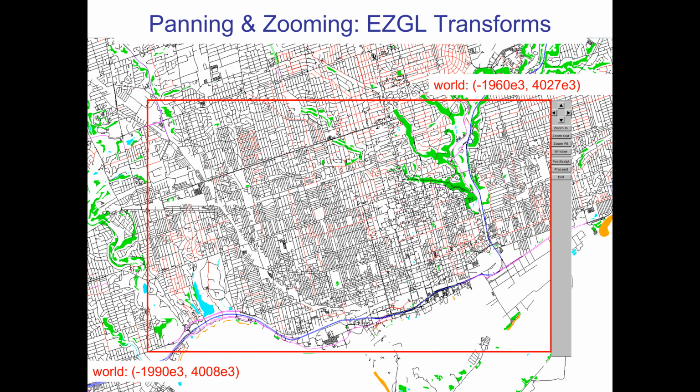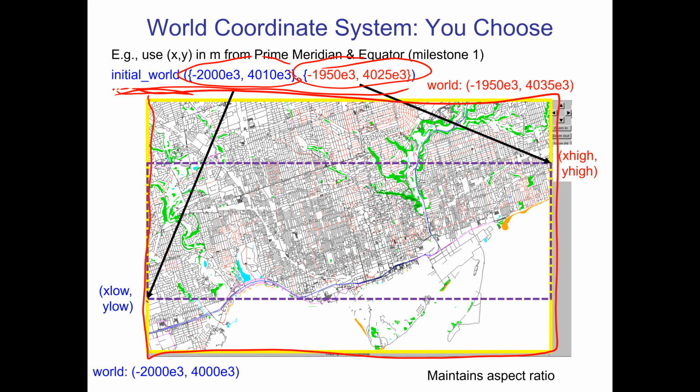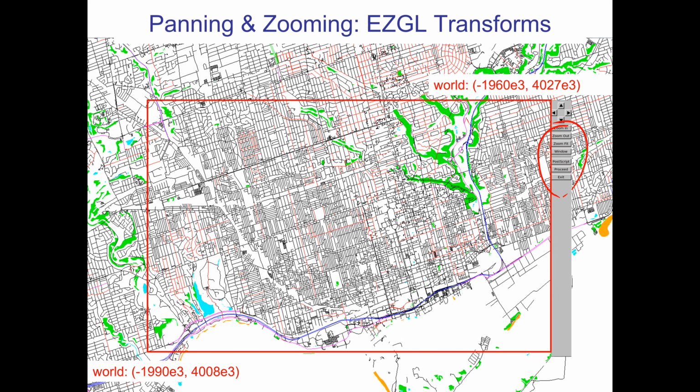The way panning and zooming works is you're always drawing the same thing, but behind the scenes, when these buttons are pressed by the user, EasyGL is updating something called a transformation matrix. It's how it maps world coordinates to pixels. So you draw the same thing, and here you got most of Toronto on the screen, but after you zoom in some, most of Toronto might be off the screen.